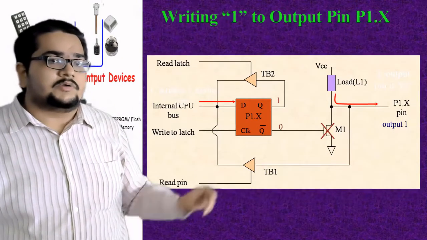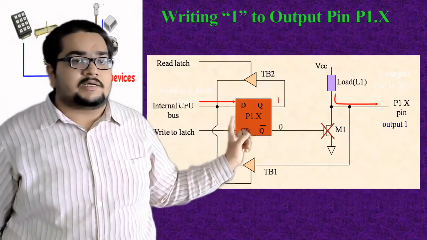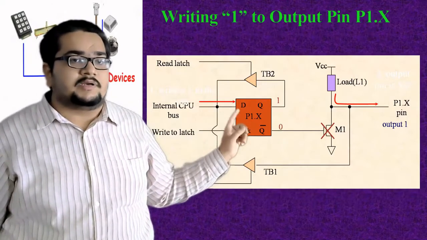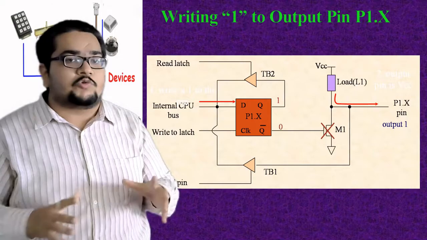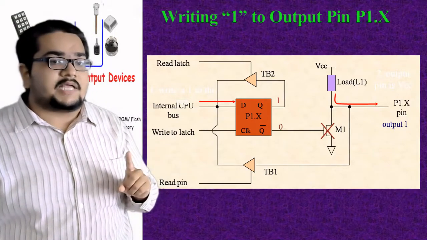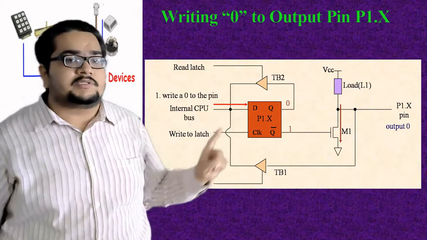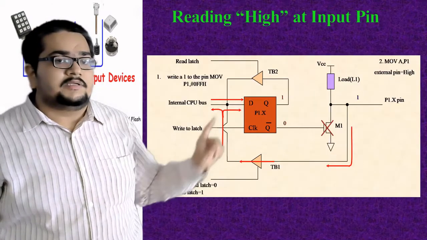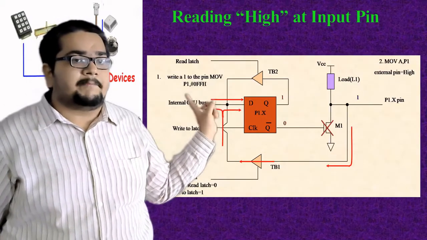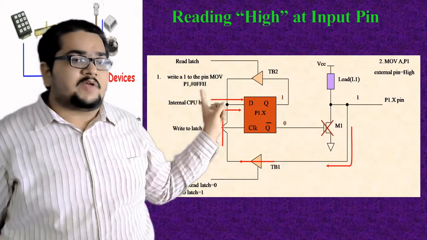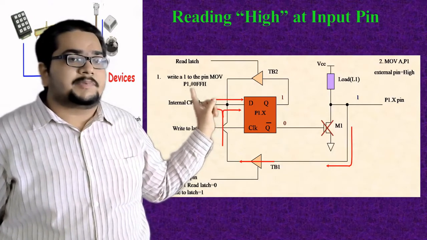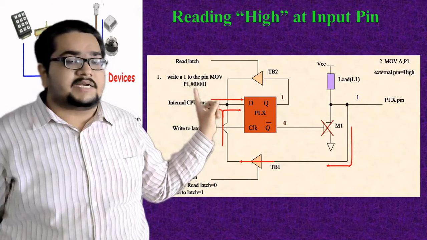For write operations, we are not writing MOV port, 11 because they have to work as an output port. When it has to work as an input port, we pre-write that port with 1s. So when we write MOV P1, 0FFH, we are making all the pins of P1 as FF, that is 1.